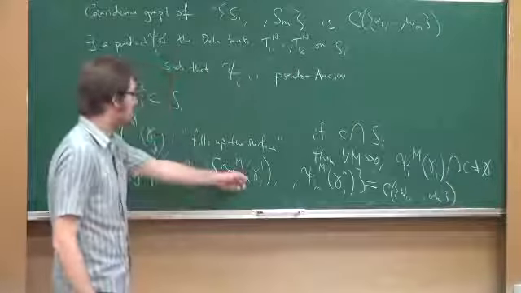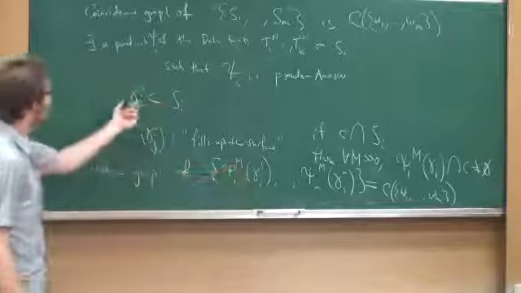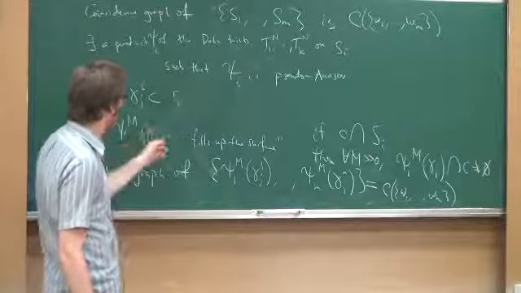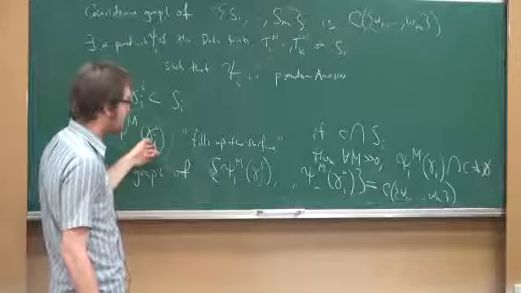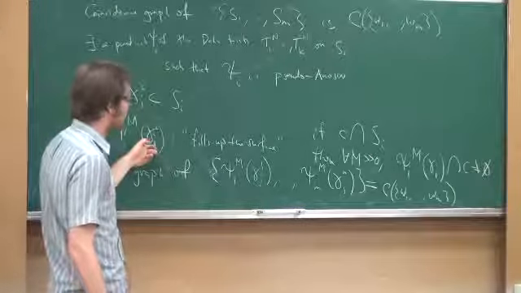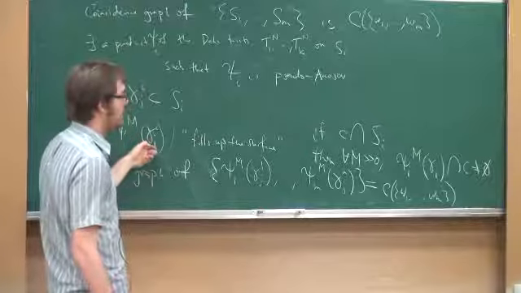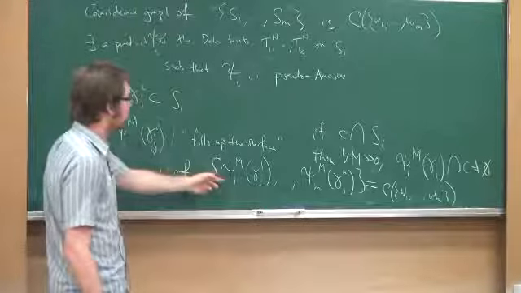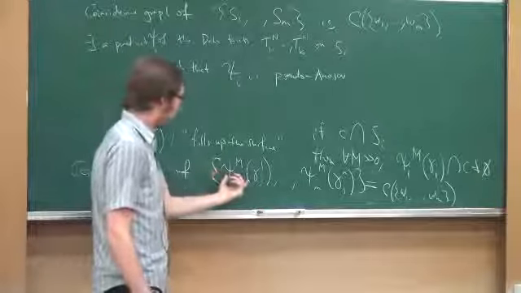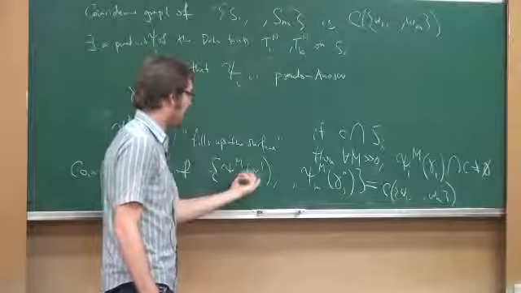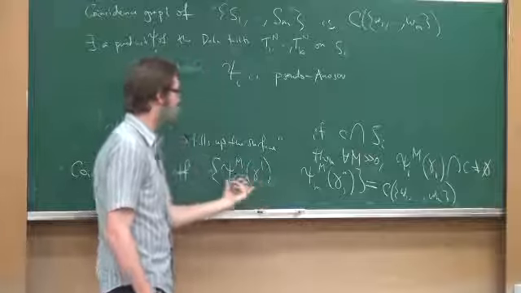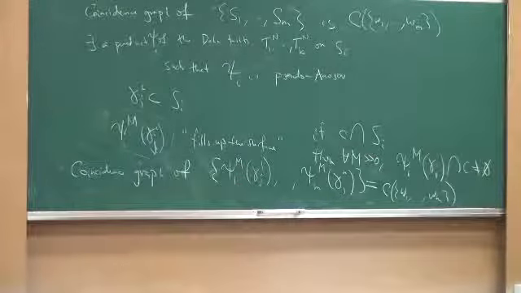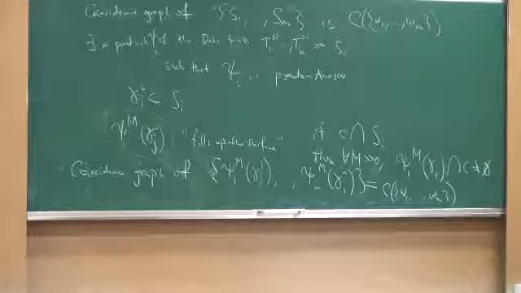And now since this pseudo-Anosov is viewed as an element of the right-angled Artin group, and applying it to a curve is the same as conjugating the corresponding vertex generator of the Artin group by that element, these curves are the supports of Dehn twists, which are elements of the right-angled Artin group itself.